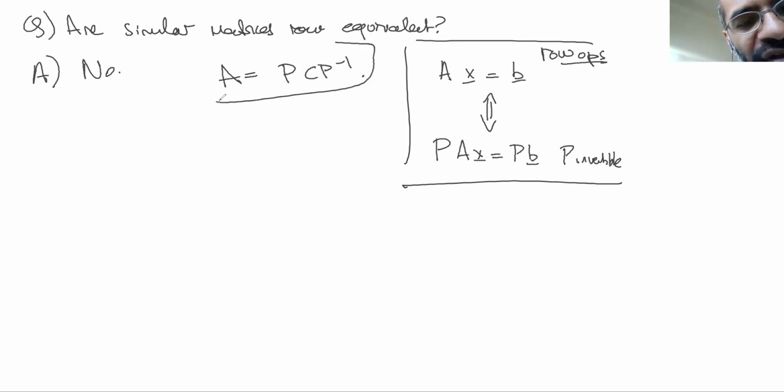Similarity, you multiply both on the left and right. So the short answer is no. I can write an example, but verifying that it is an example is just going to require more algebra than I want to do right now. So you can try to come up with one by yourself. Is that okay?